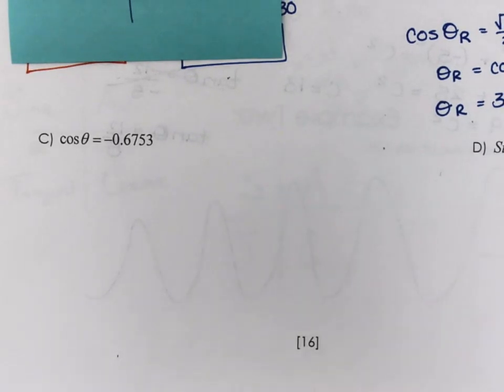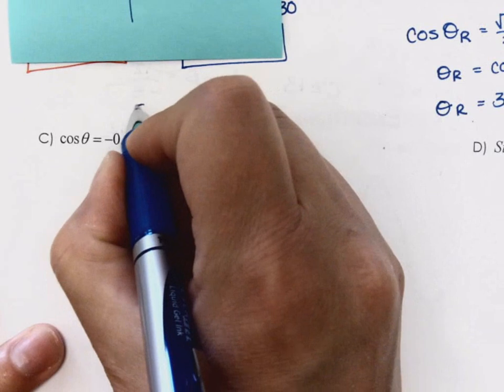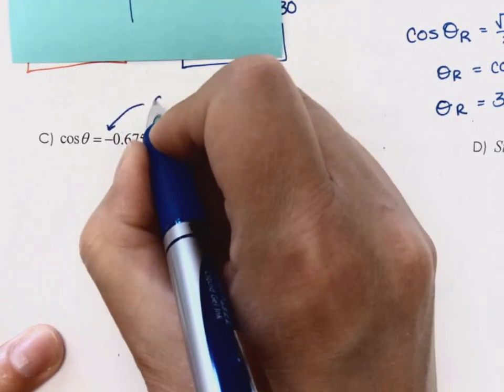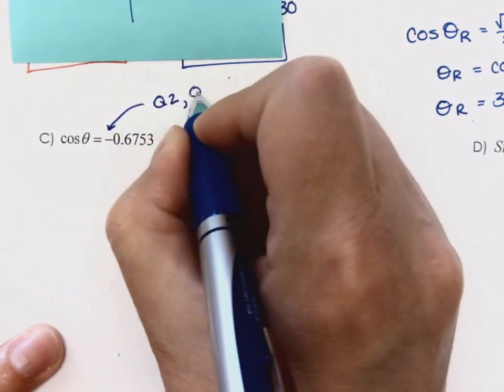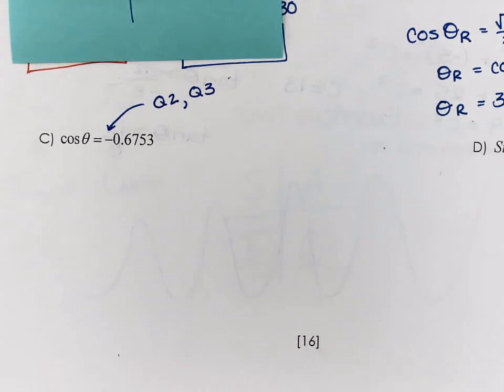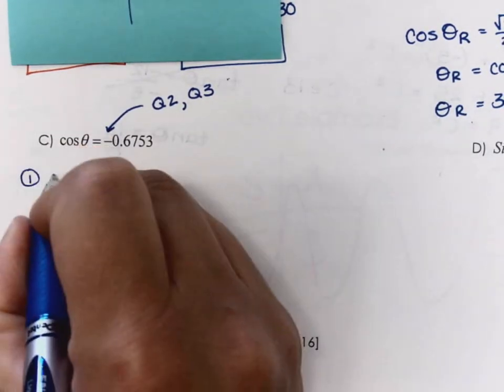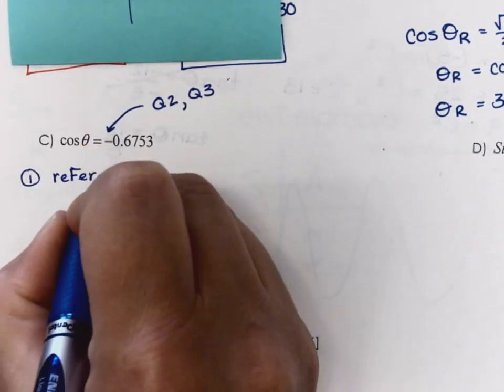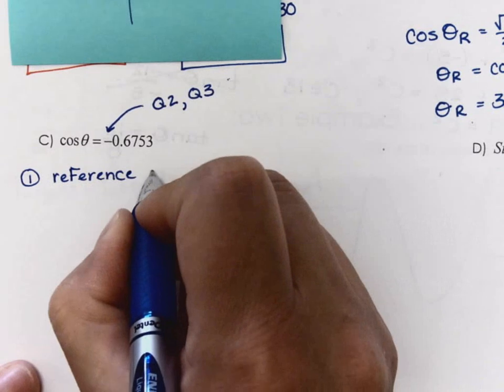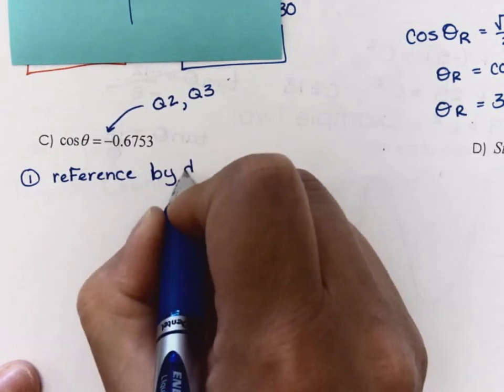Okay, we just did where cosine was negative. If it's negative, we know our answers are in quadrant 2 and quadrant 3. Do we need to indicate that every time? Absolutely not. But step 1, we need to find our reference angle. And we do that by dropping the negative.